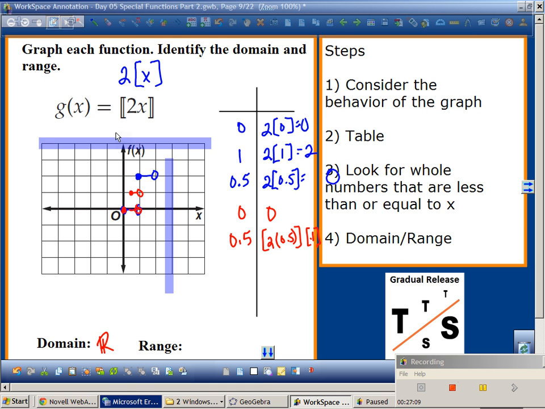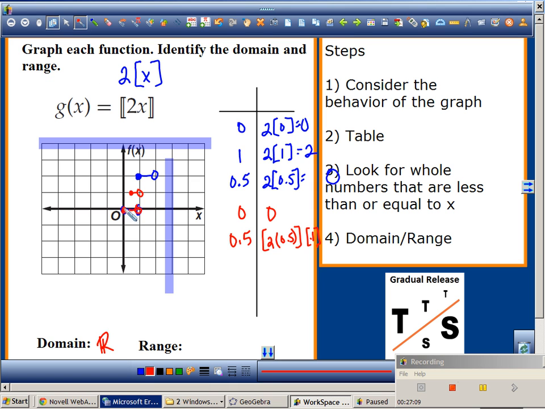It would be all real numbers because technically if you put in 0.5, it still has a value, right? It's just not being represented on the graph. It's dropping down to the next one.